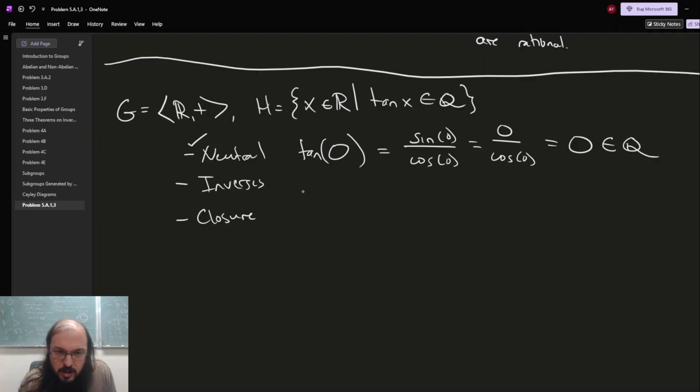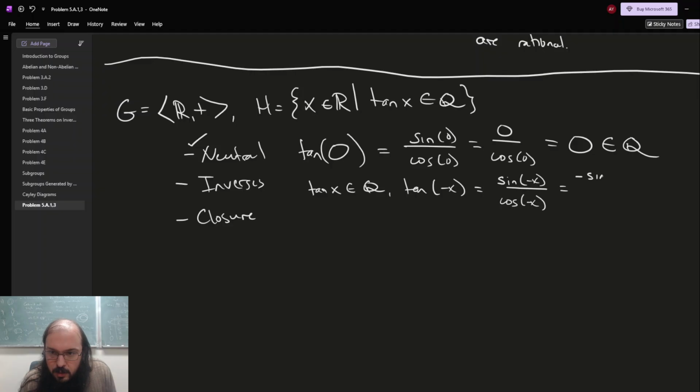For inverses, I need to know that if x is a real number with a rational tangent, so is the inverse. And again, the inverse in this case is the additive inverse. So I have to see that if tangent of x is rational, that tangent of minus x is rational as well. And for this, we can write down sine of minus x over cosine of minus x.